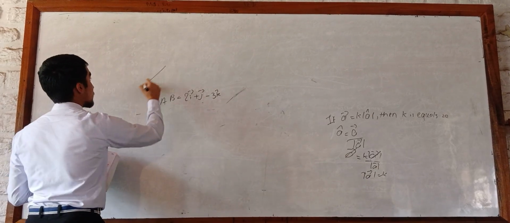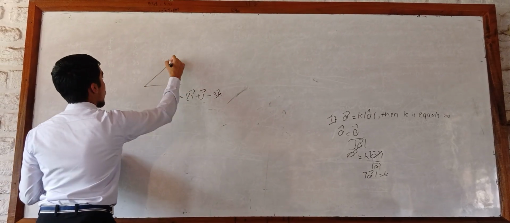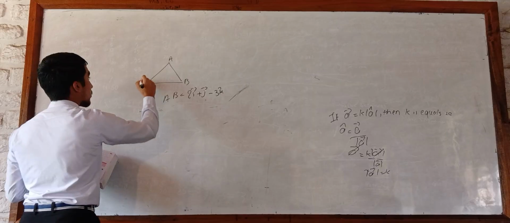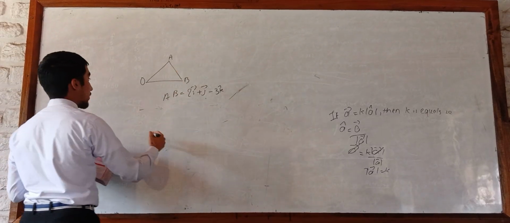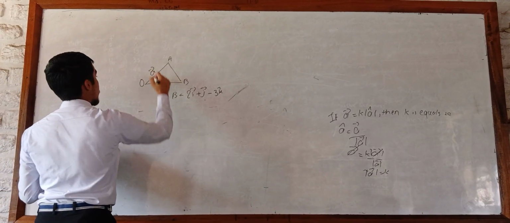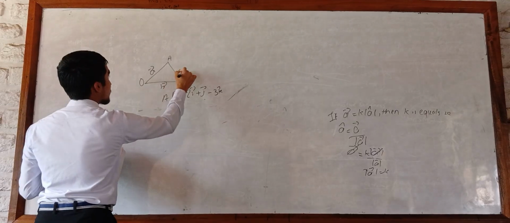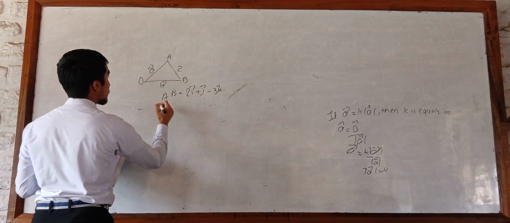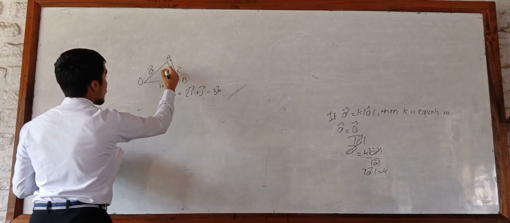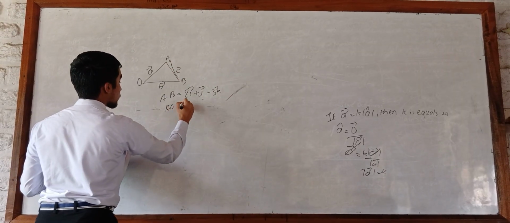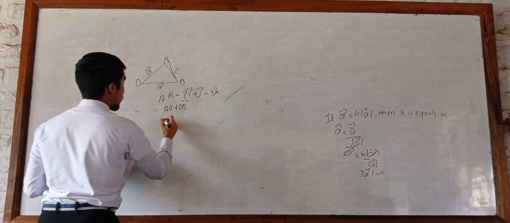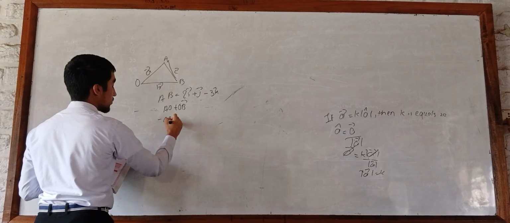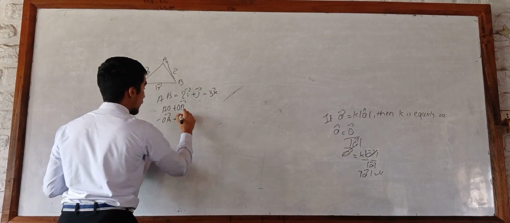For this you can just construct a triangle and consider the point O. Then we have this as A vector, this as B vector. Now consider this as C vector. Now AB can be written as AO plus OB vector, and AO vector can be written as minus OA vector plus OB vector.